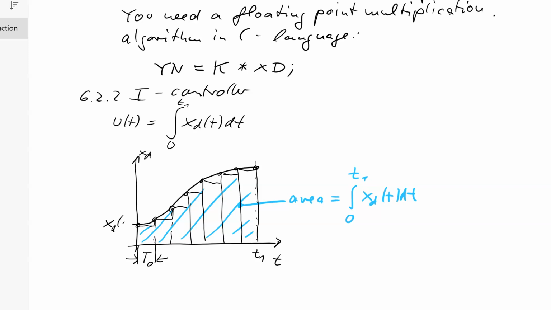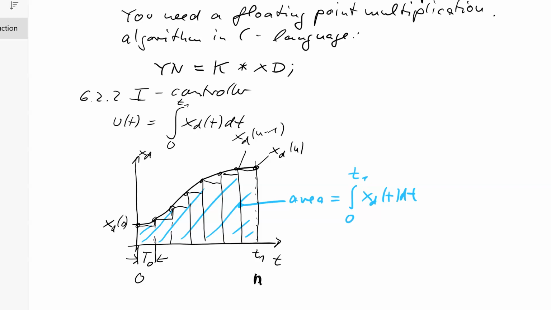This is xd of 0. I call this last point the time point n, the actual time point n. This is xd of n. This here is xd of n minus 1, n minus 2, n minus 3, and so on, xd of 0, xd of 1, and so on. So we know we're starting from 0, ending at time point n.